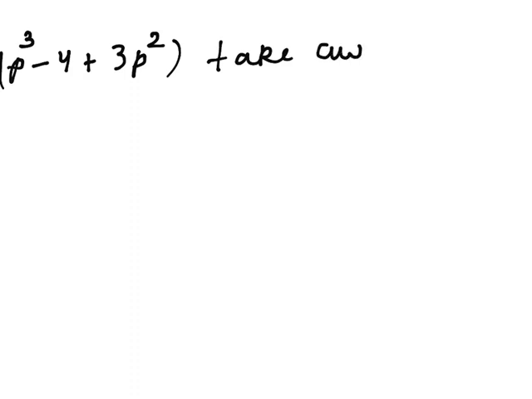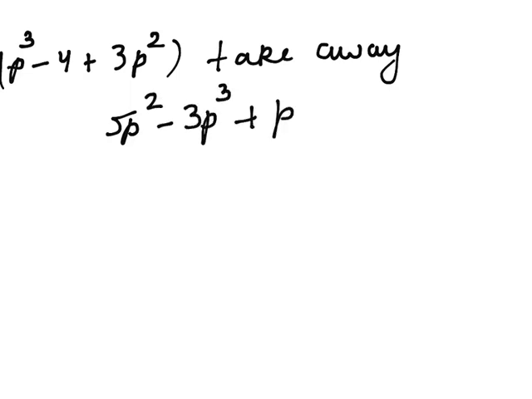Then we can have another example like we have p cube minus 4 plus 3p square, take away 5p square minus 3p cube plus p minus 6.